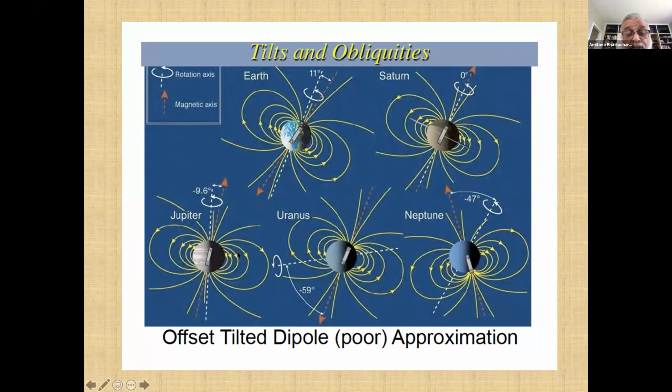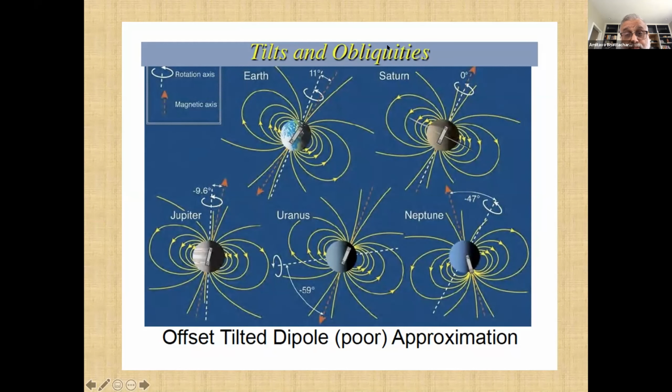But what this picture shows is that if you think of the source of a magnet and very crudely approximate it by a bar magnet, which it absolutely isn't, then you see a rotation about the axis and a magnetic axis defined by the alignment with the north-south connection. That's the dotted line. And what you're seeing here is the rotation axis of these planets.